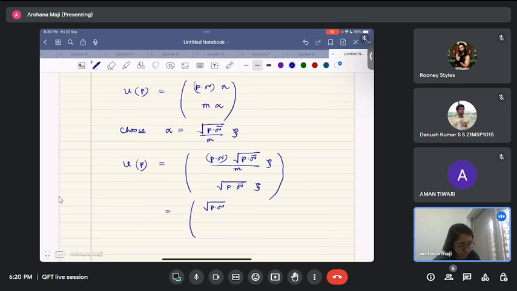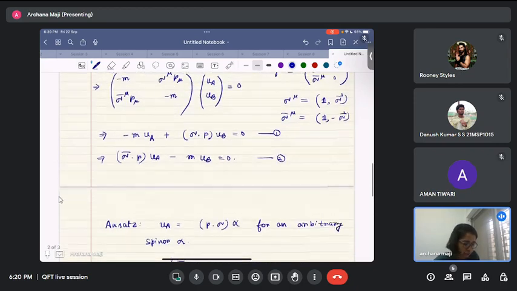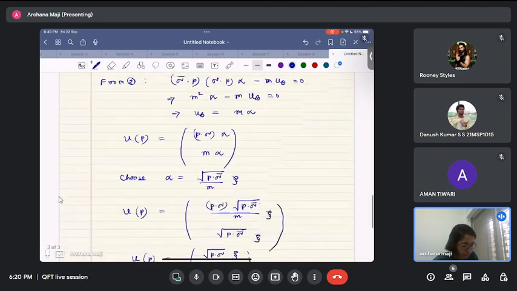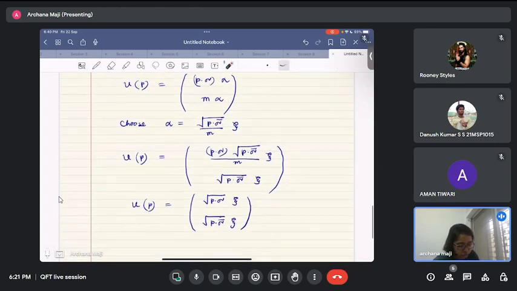That m squared will get cancelled out with this m. So you get square root p dot sigma xi, square root p dot sigma bar xi. This method is easy to do, but the earlier one that we did was very rigorous. Here we are making an ansatz and we want this kind of form, and that's why we're choosing alpha to be this and so on. But this is another way of obtaining the general solution.